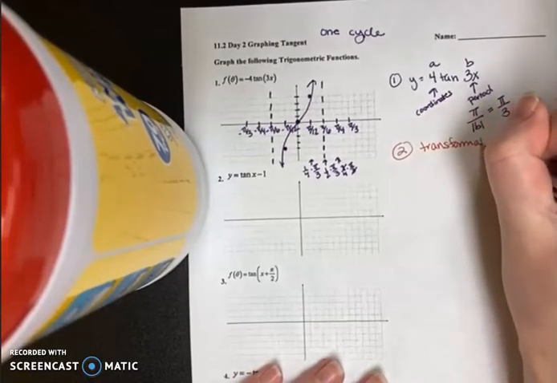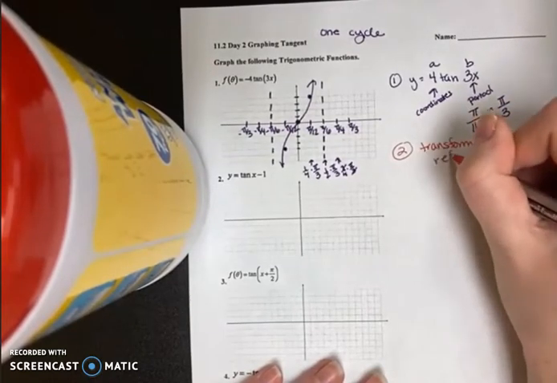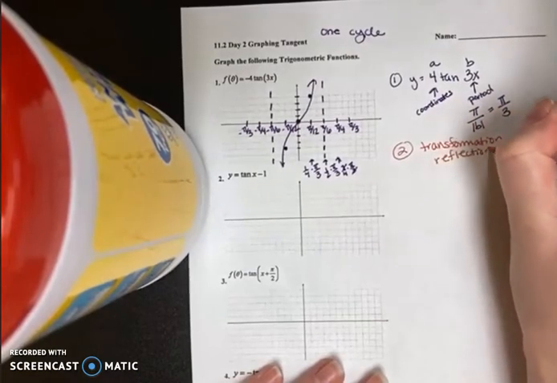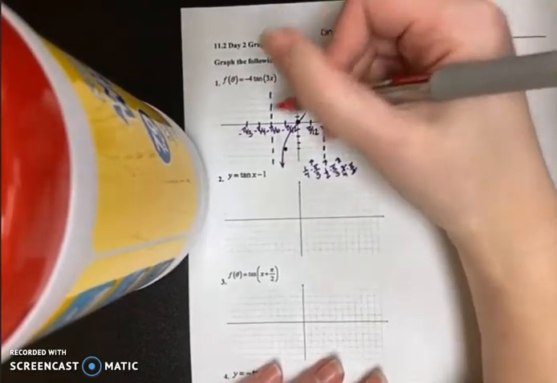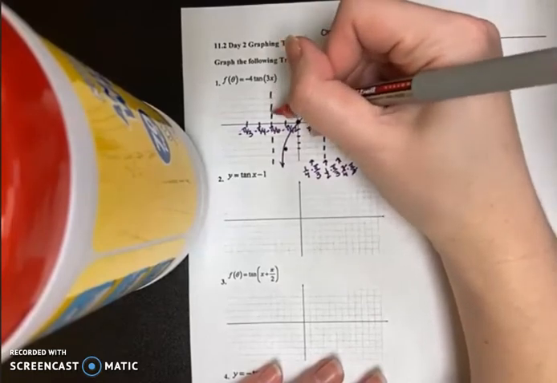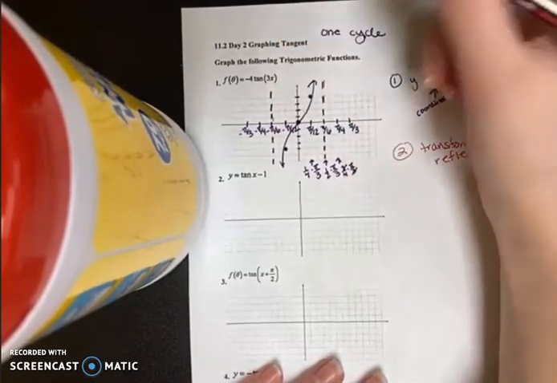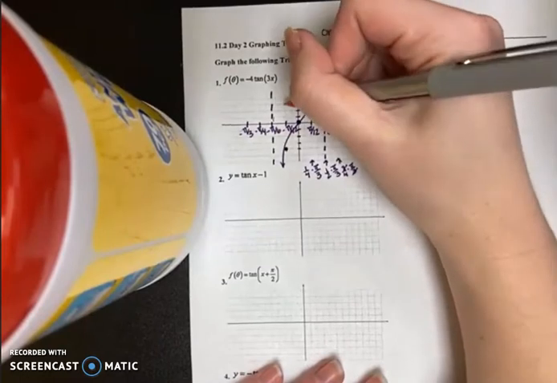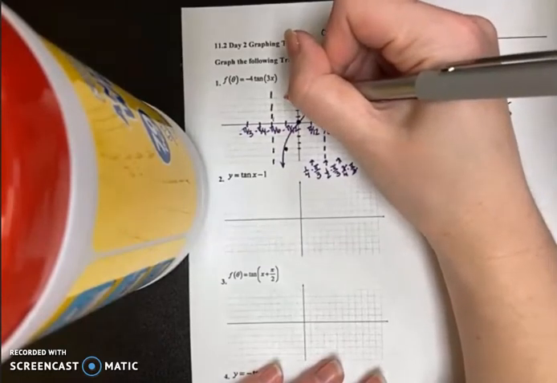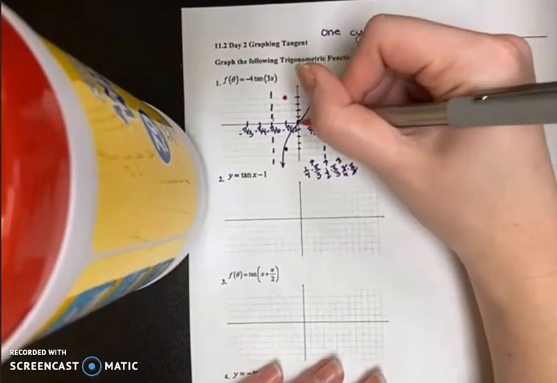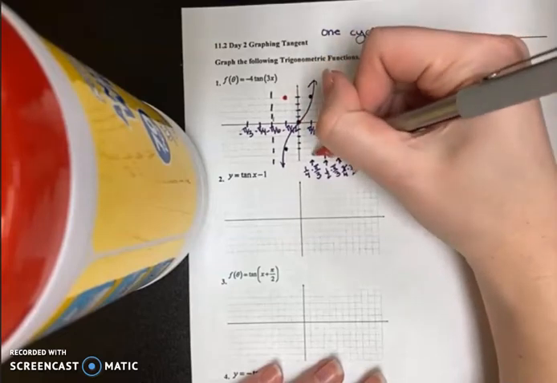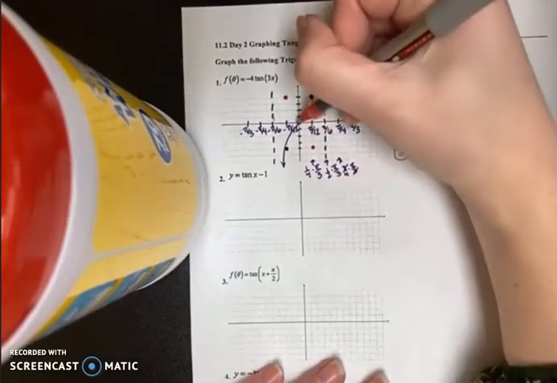Whenever you have a reflection, I recommend you do that first. So I'm going to do that in red. The asymptotes just stay where they are. But the coordinates are going to flip. So this now goes up 4 instead of down. The intercept stays where it is, and it's going to go down instead of up.